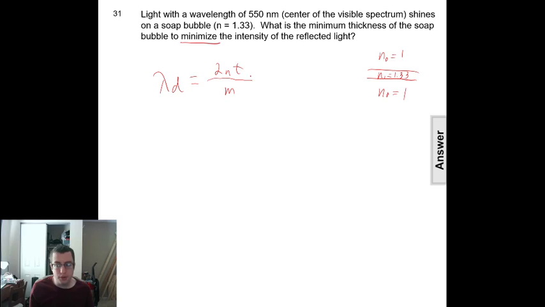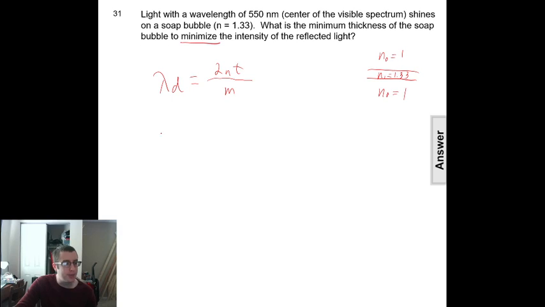So if you want to go to meters, you can, but by no means is it required. And since we're talking about really, really small thicknesses, with this 550 nanometers, it's totally realistic to leave it in nanometers. Of course, you could put any units in any metric system that you wanted to, but in terms of actual real-life application, it would be useful to leave this alone in nanometers to keep it away from meters.